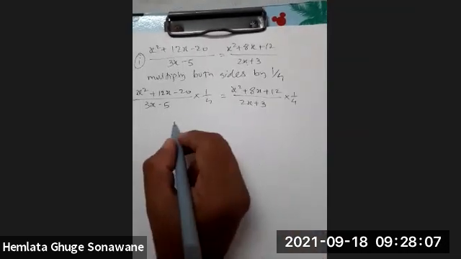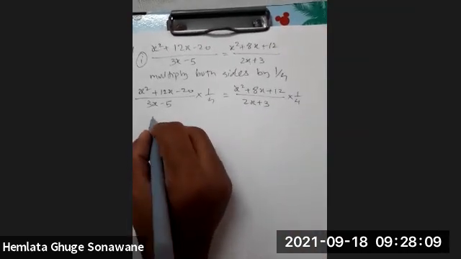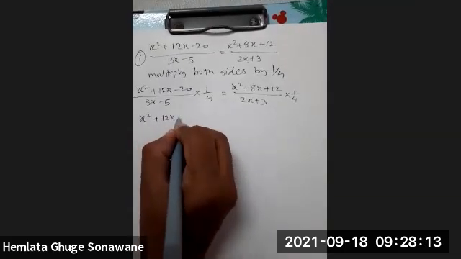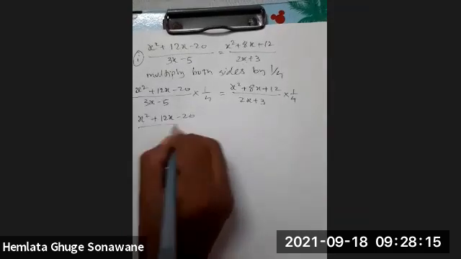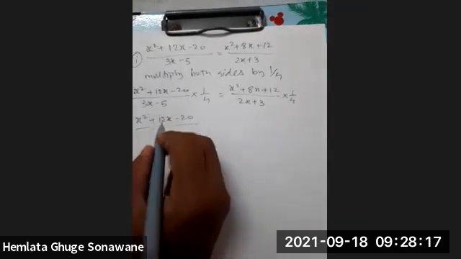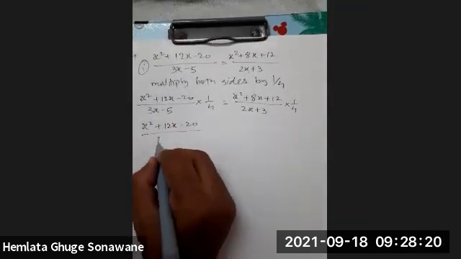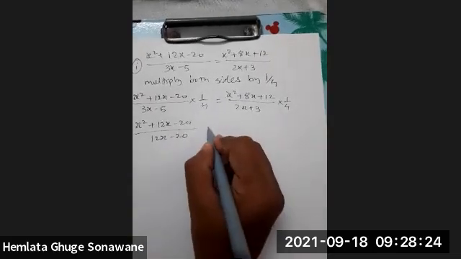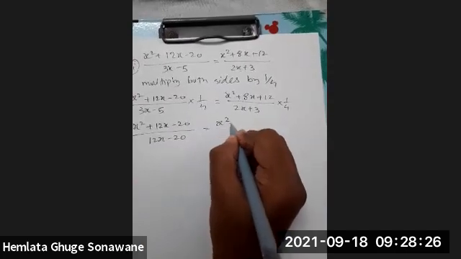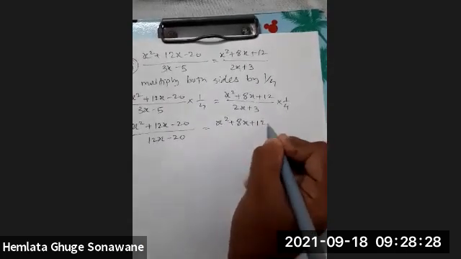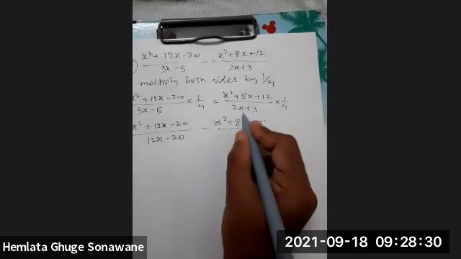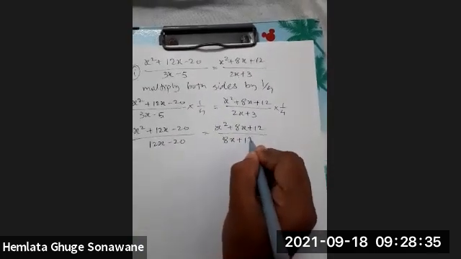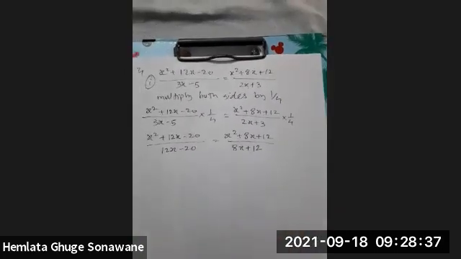So it becomes (x square plus 12x minus 20) upon 12x minus 20. (x square plus 8x plus 12) upon, multiply this with 4, so 8x plus 12. Okay.